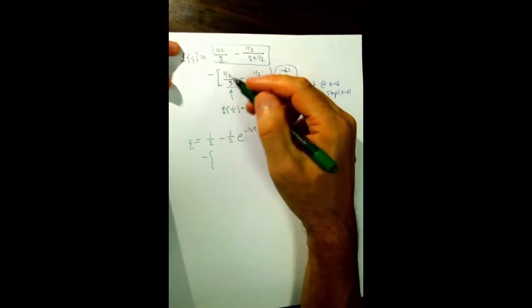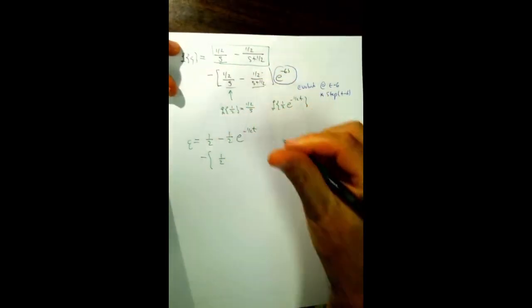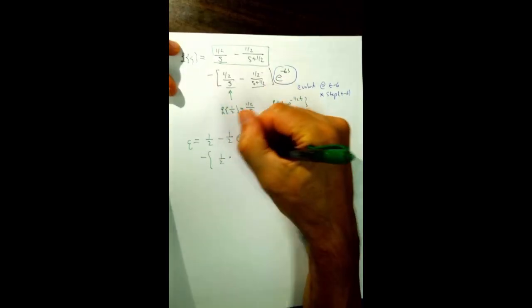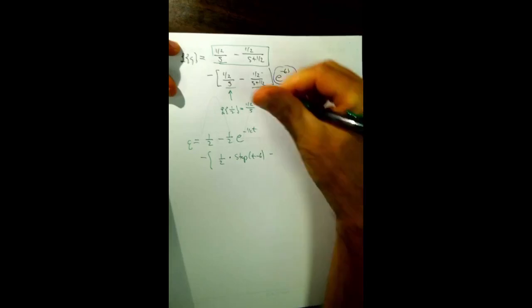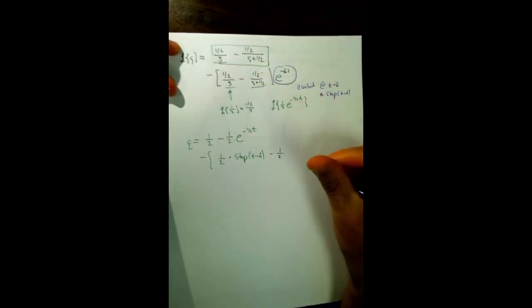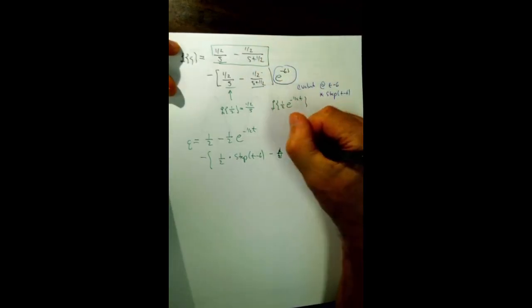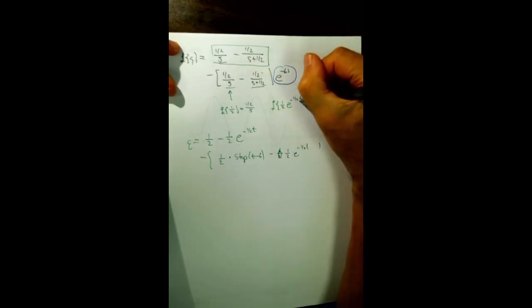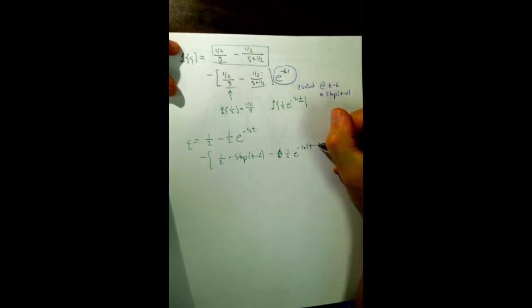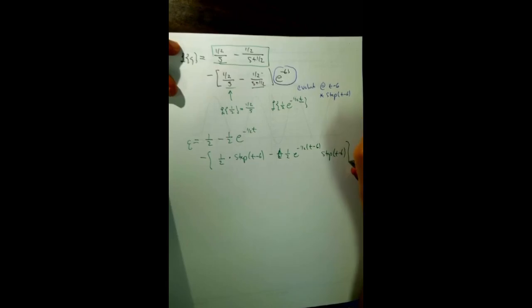For this term here, I'm going to have 1/2 times the step function at t minus 6, minus 1/2 e to the minus 1/2, but instead of t, I'm going to have t minus 6, and then I multiply by the step function at t minus 6, like so.